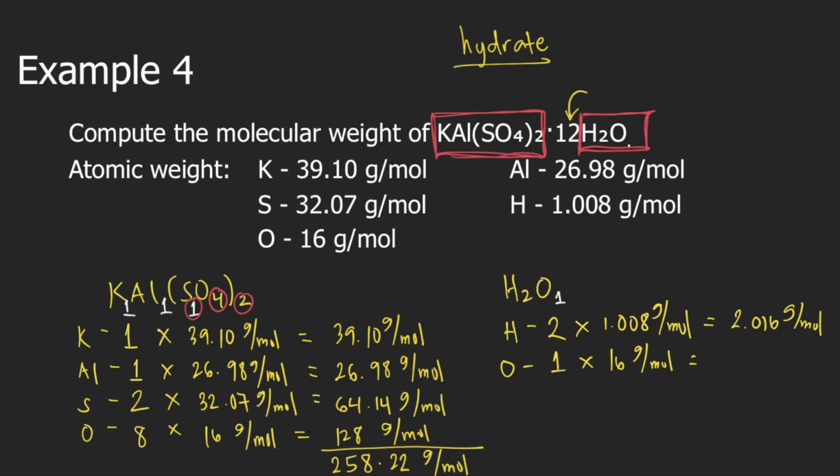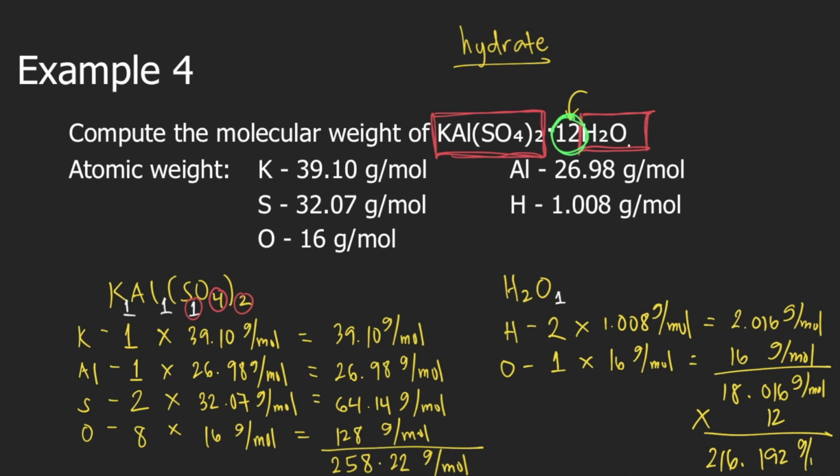And for oxygen, that's 16 grams per mole. And when you add that, that's 18.016 grams per mole. According to the chemical formula, there are 12 molecules of water. So you will multiply the molecular weight of water by 12. So 18.016 times 12, that is 216.192 grams per mole.